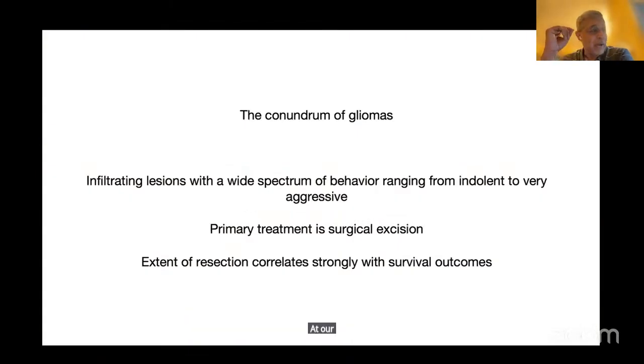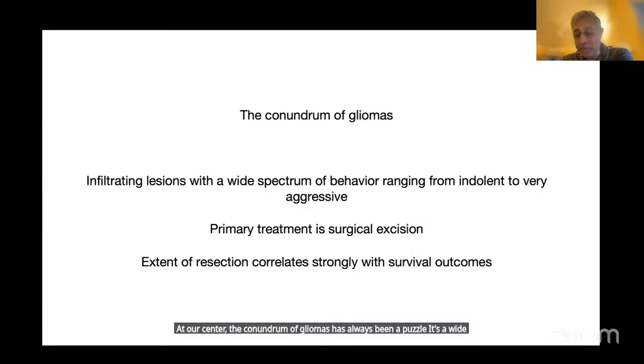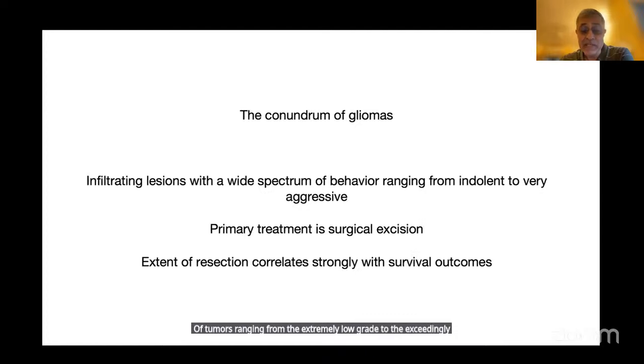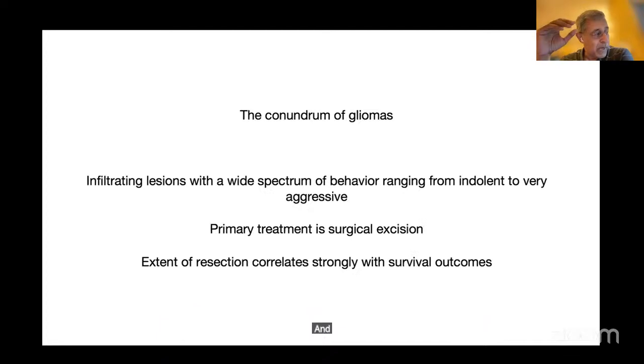The conundrum of gliomas has always been a puzzle. It's a wide spectrum of tumors ranging from the extremely low grade to the exceedingly malignant and aggressive tumors. For all of them, the primary treatment is surgical excision.